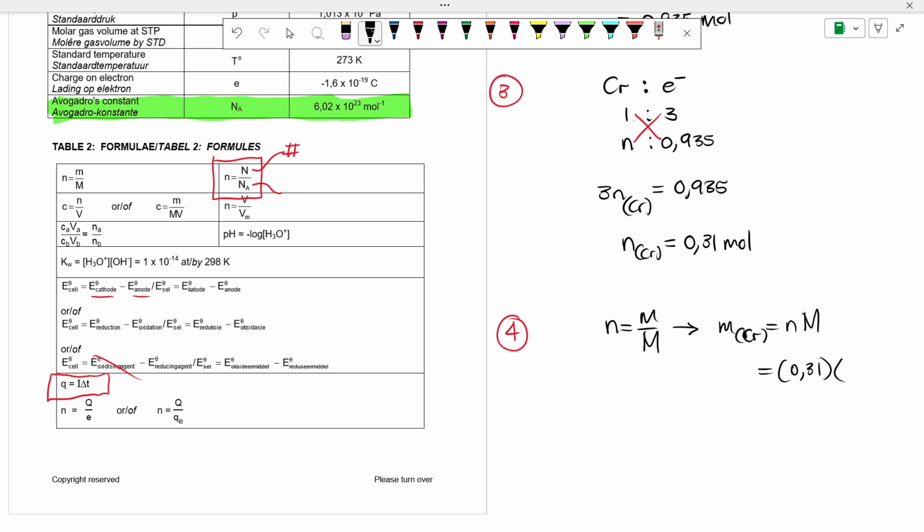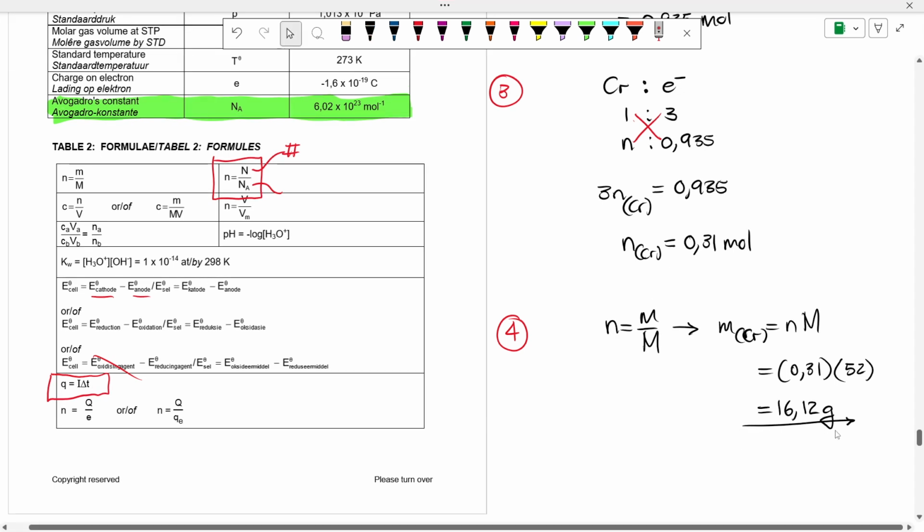Then what is the final answer? 16,12. And that's grams. So there it is. 6 marks. Looks long if I just scroll up a little bit.